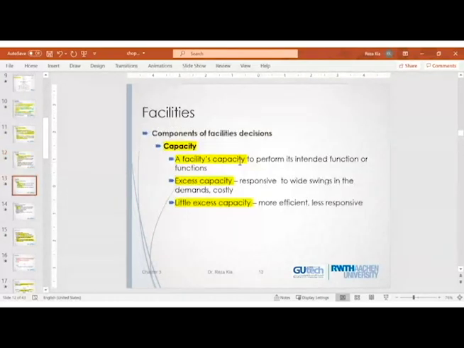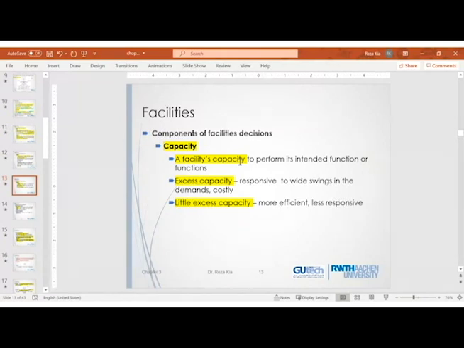And the other decision will be the capacity of our facility. Is it going to be a small plant, medium-sized plant, or big plant? If it's going to be a big plant, maybe we can expect some economy of scale, but again, how about the transportation cost?